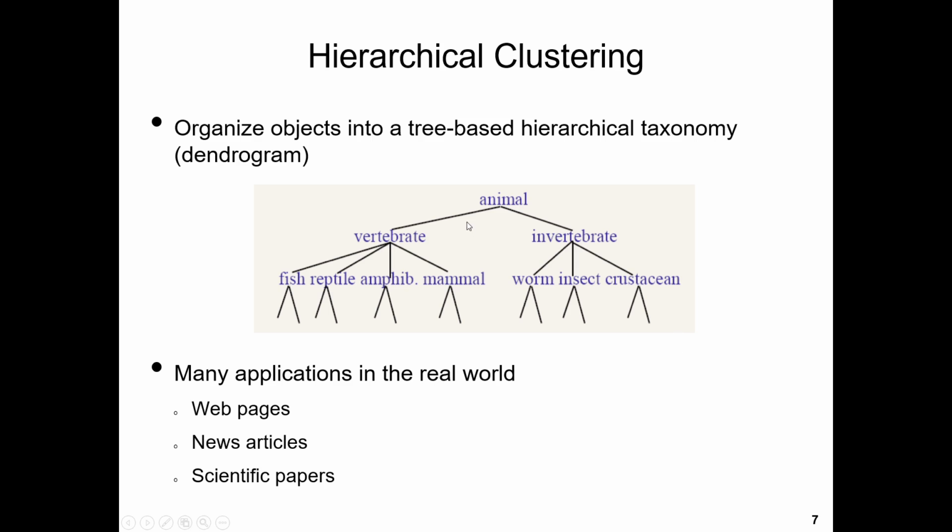Let's say I have animal as the root here, then vertebrate, invertebrate, fish, reptile, amphibian, mammal, worm, insect, and crustacean. By the way, in the last couple of slides I called them trees, but forget about that. We have to call them dendrograms. This one is called a dendrogram. Quite important. If you call it a tree, it's wrong.